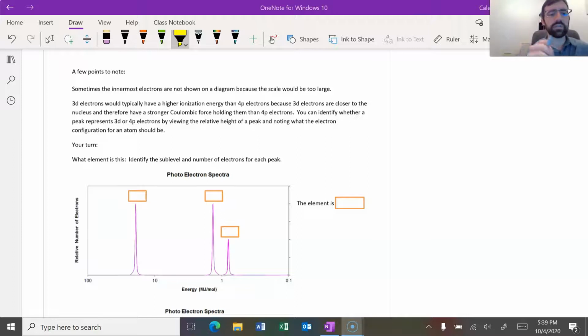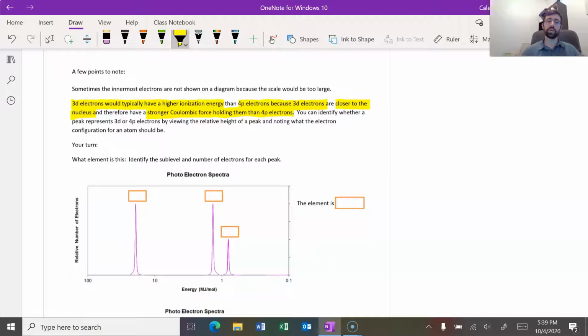The 3d electrons would typically have higher ionization energy than 4p electrons because 3d electrons are closer to the nucleus and therefore have stronger coulombic force holding them than 4p electrons. So thinking about that, your 4p electrons are an energy level higher than 3d, so they're going to be easier to take away.